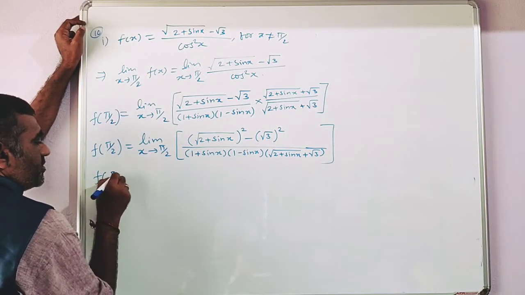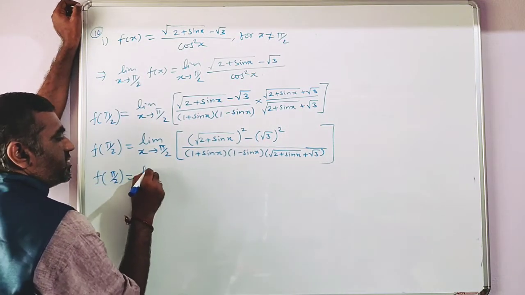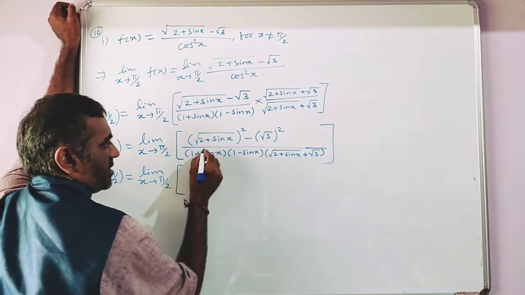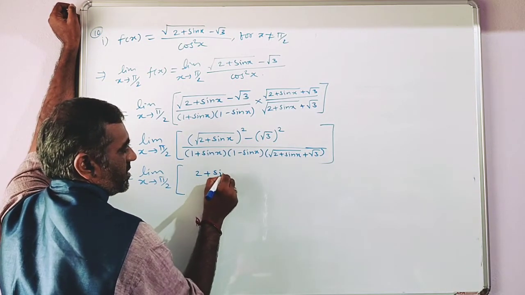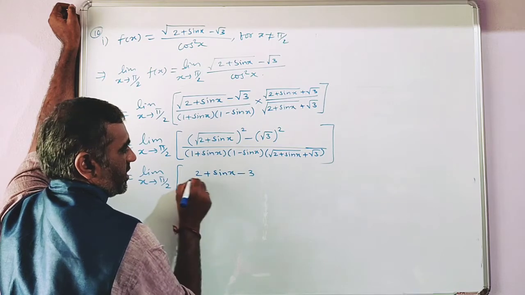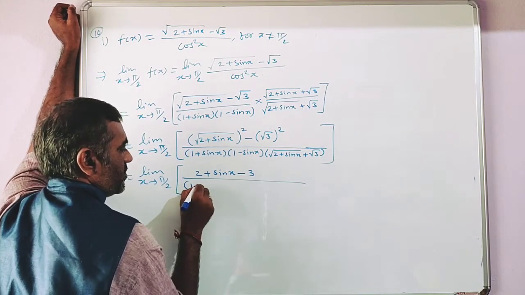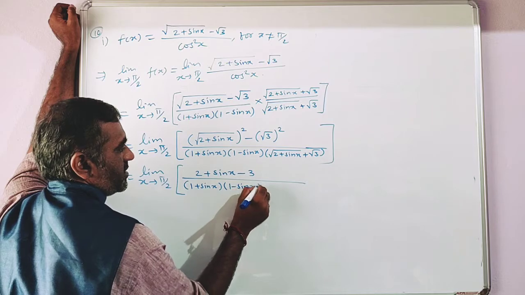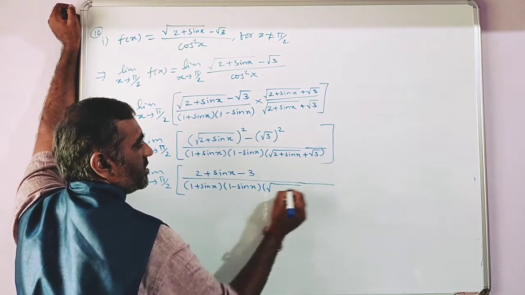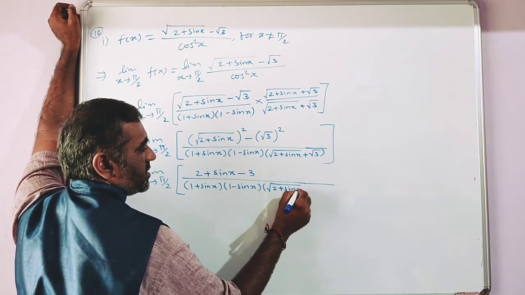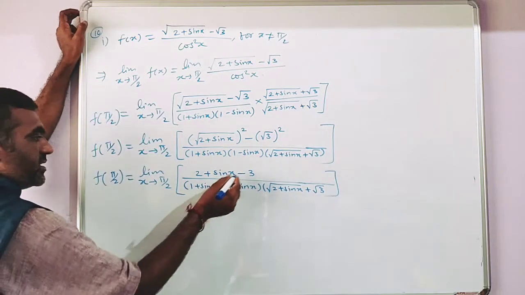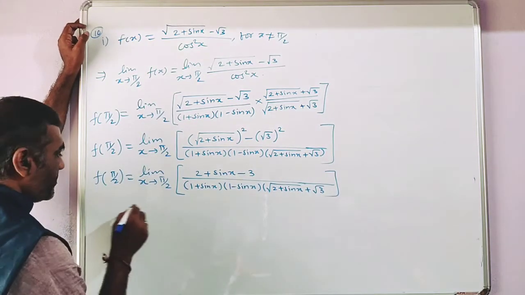F of pi by 2 is equal to limit as x tends to pi by 2 in bracket 2 plus sin x minus 3 upon 1 plus sin x, 1 minus sin x, square root of 2 plus sin x plus root 3, sin x minus 3 plus 2 minus 1.